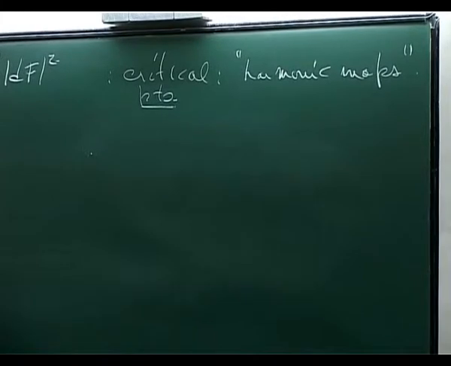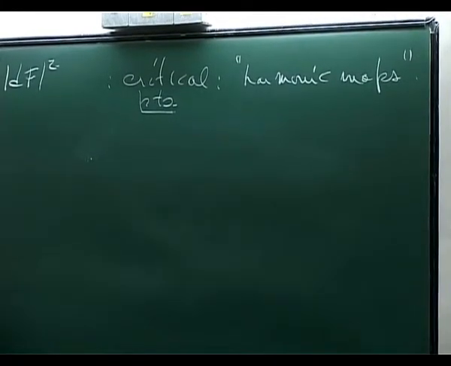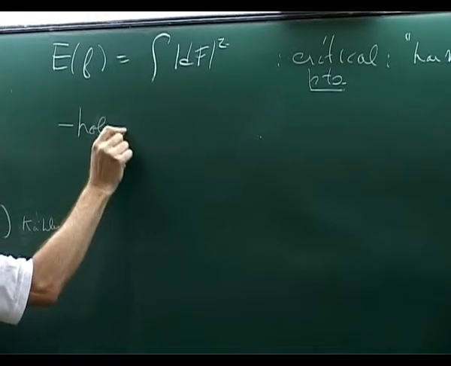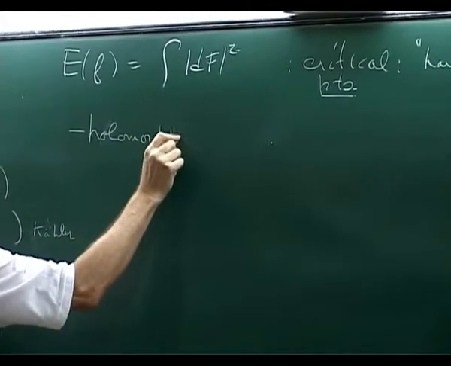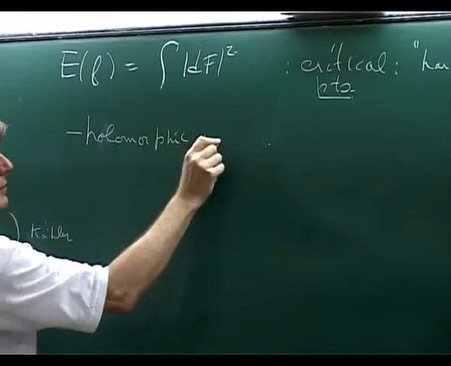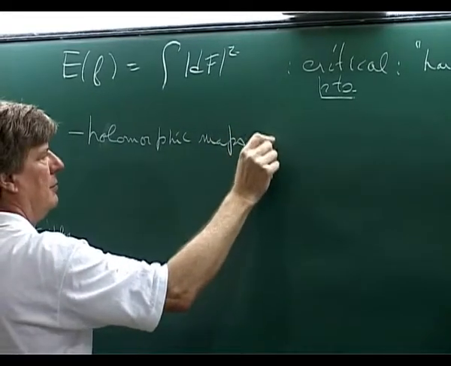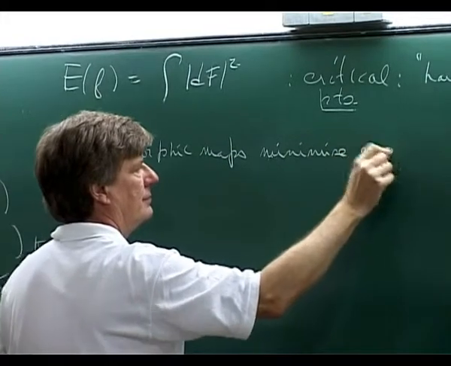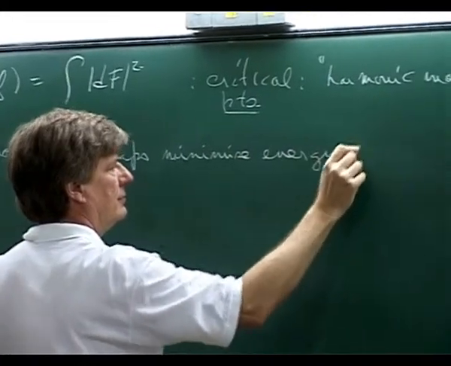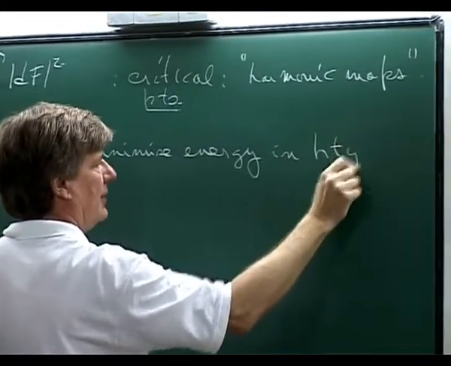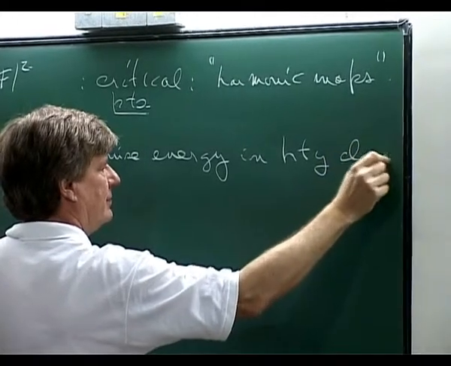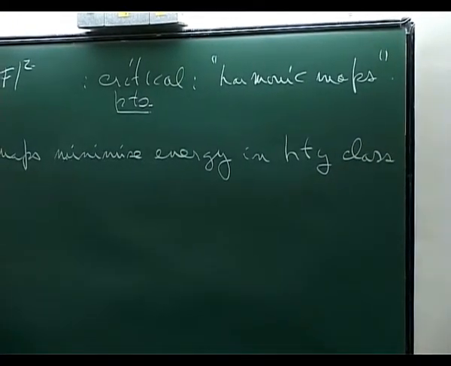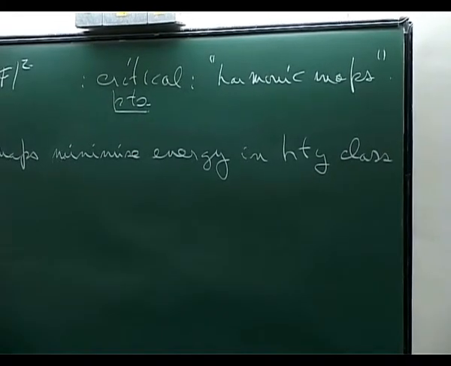Basically the only thing you really want to remember about this is if there's a holomorphic map, they minimize energy in the homotopy class. So if there's one holomorphic map, then your minima will be holomorphic.